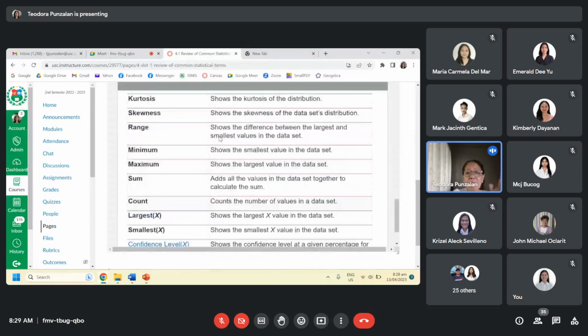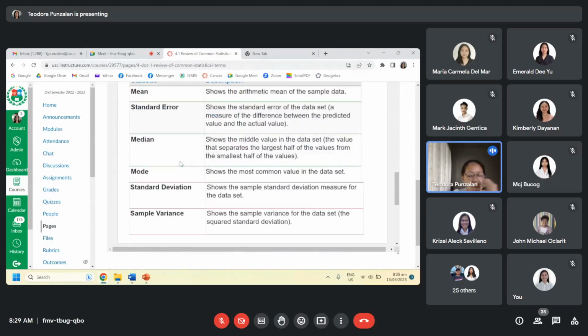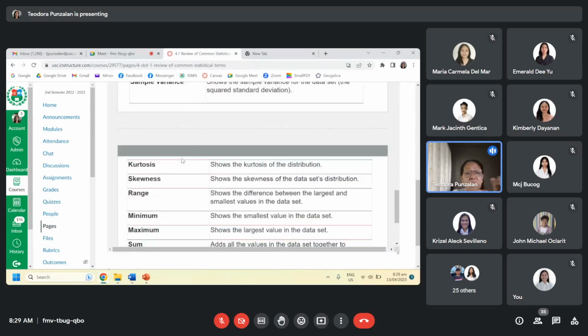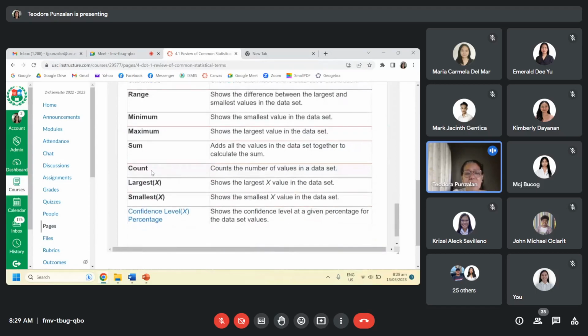Just one click but it gives so much. The first that you'll see is the mean, followed by standard error, median, mode, standard deviation, sample variance, kurtosis, skewness, range, minimum, maximum, sum, count, largest x, smallest x, and then the confidence level.